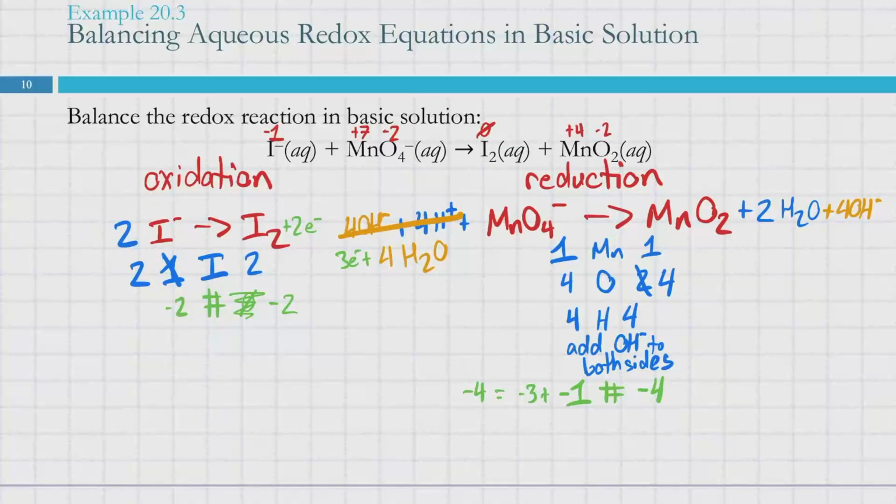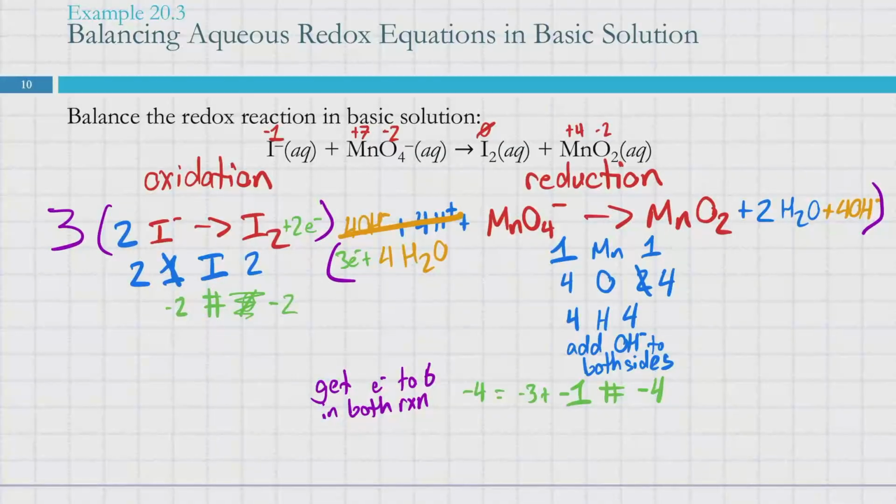And then we have to make our number of electrons equal between our oxidation and reduction half reactions. We've got 2 and 3, and those both multiply into 6. So our oxidation half reaction, we're going to multiply by 3.